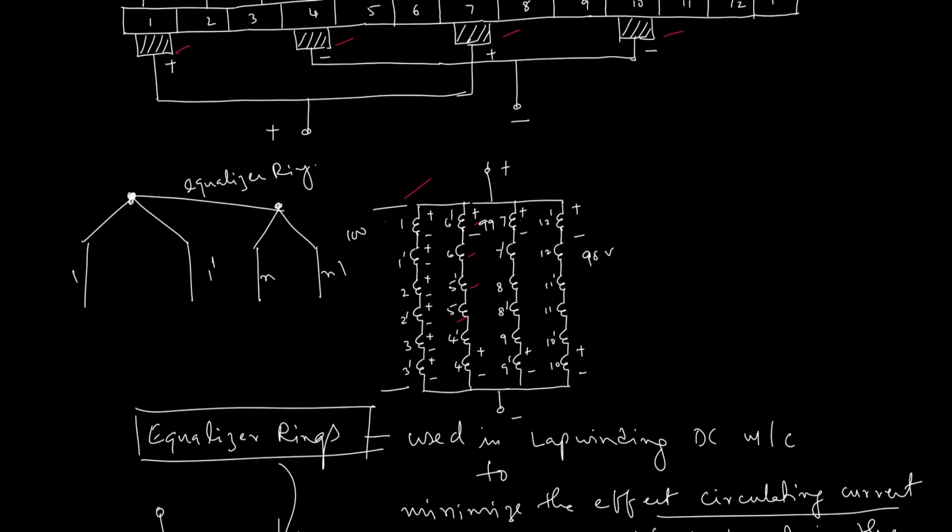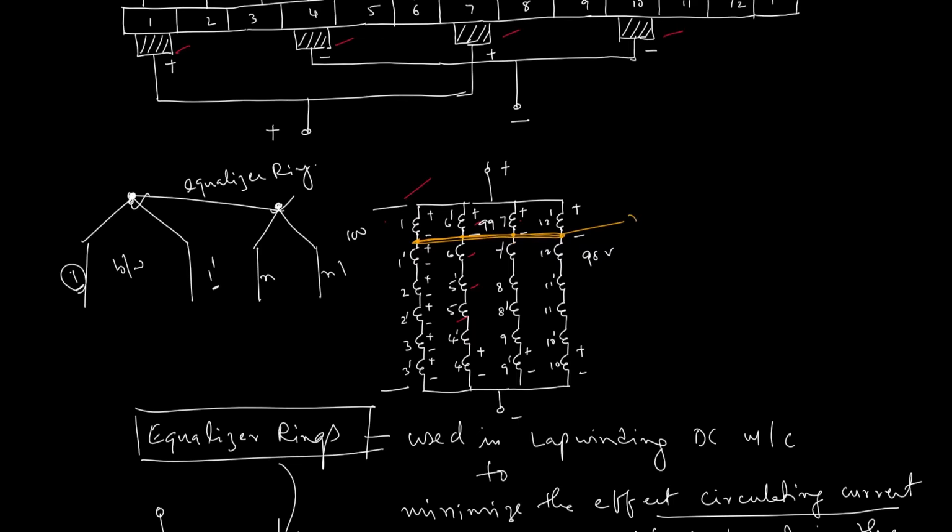Remember, this is the back connection, lying between coil 1 and 1 dash, 6 and 6 dash, 7 and 7 dash, and 12 and 12 dash. So an equalizer ring connects all these points.